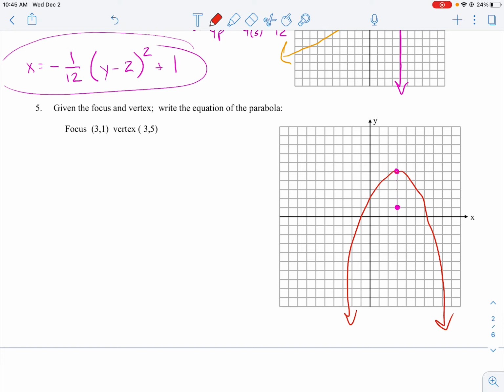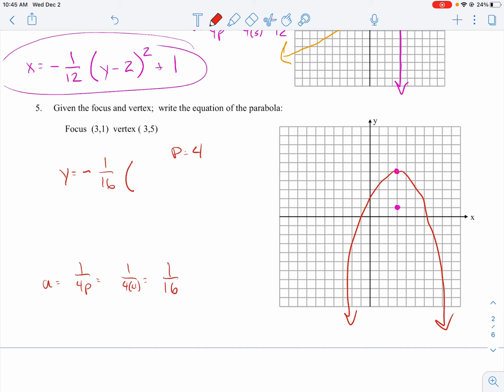So it's going to be a y equals, but it's going to have to be negative because it's facing down. Now let's take a look at what our p-value is. Our p-value is 1, 2, 3, 4. And so our a value is going to be this. A is equal to 1 over 4p, 1 over 4 times 4, which is 1 over 16.